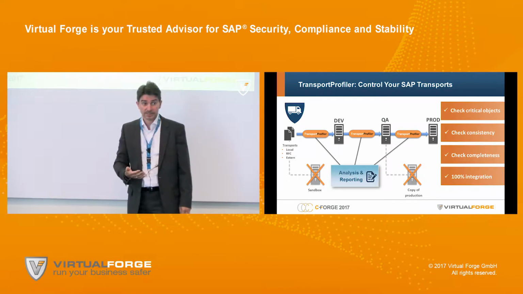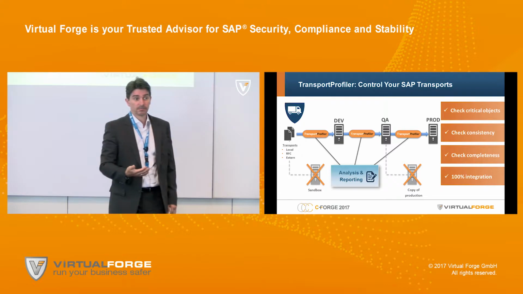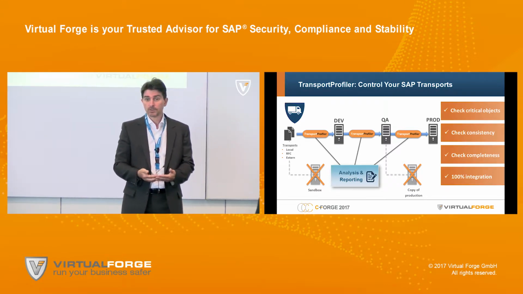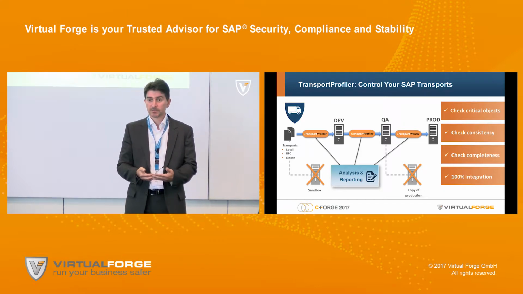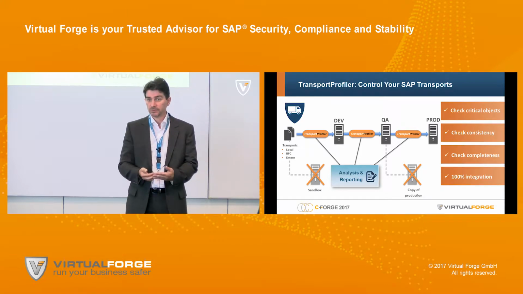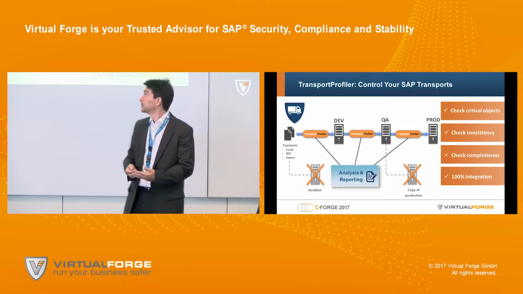Thomas will go more in detail to show you what kind of stuff you can transport and what you can create with transports in your system, and how you can use them to create an attack, or how you can use them to import critical data.